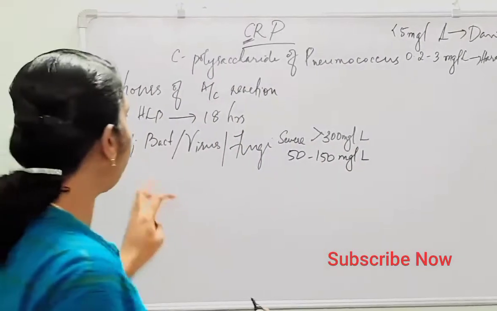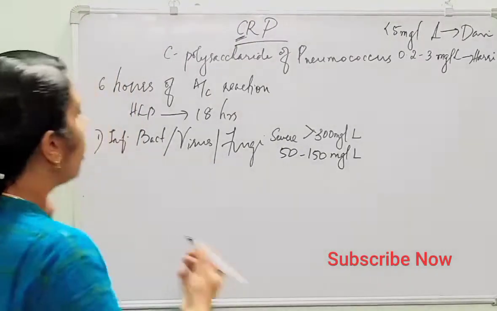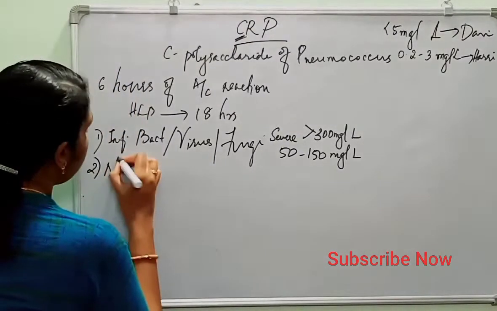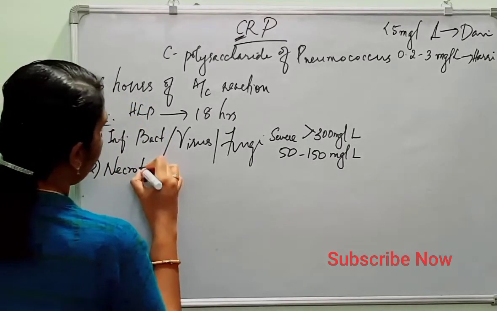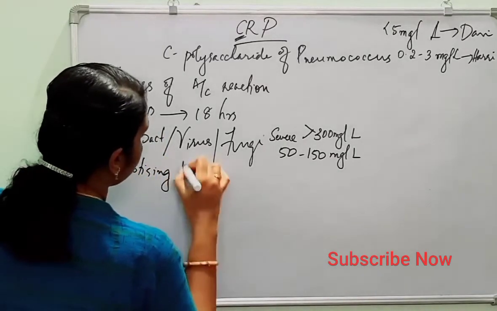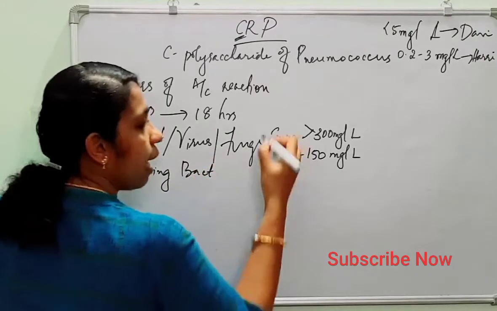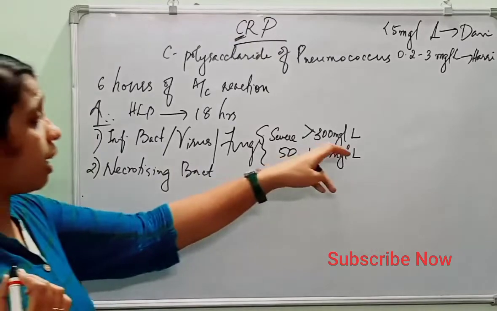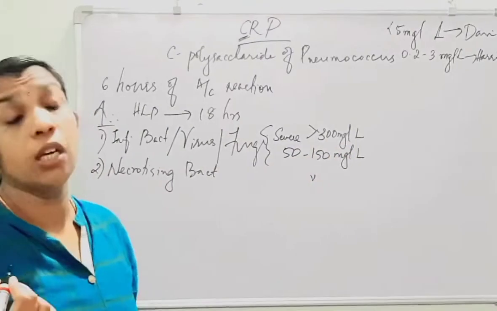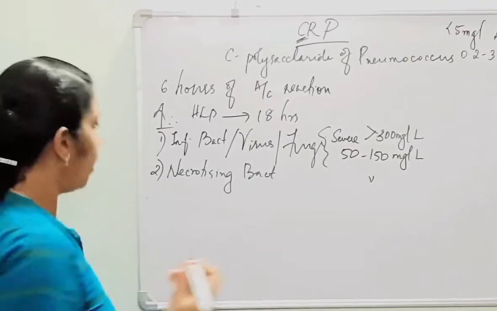Understand? Second is necrotizing bacterial infection. In this case also it is the same. In severe cases it is greater than 300, and in moderate cases it is between 50 to 150 milligram per liter.